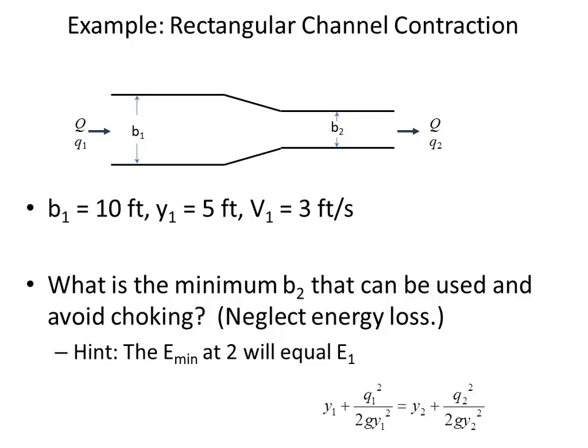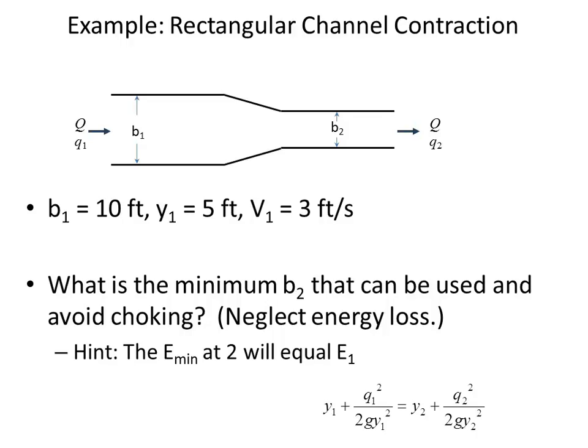What do we know right before choking occurs? What is the flow condition right before choking occurs? It goes subcritical, a little less subcritical, getting closer and closer to critical flow. But right at that incipient point where choking is just about to occur, conditions are critical.